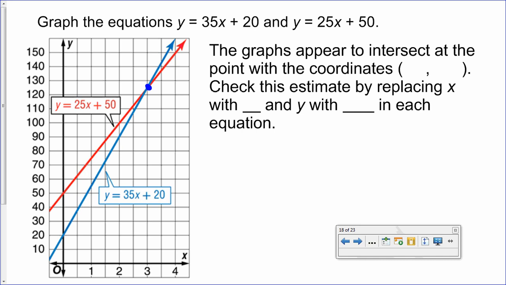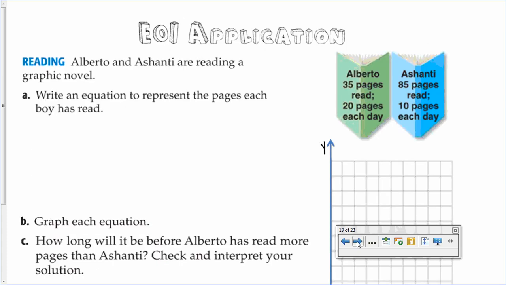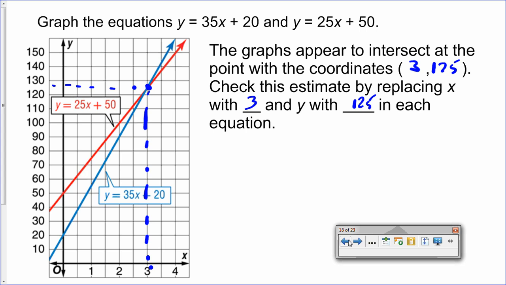So if I follow that down, 3 is my x, 125 is my y. Goes right there and then all the way down. Check this estimate by replacing x with 3 and y with 125 in each equation. We don't need to do that. So how many weeks is it going to take before they've done the same amount? It's 3, right?